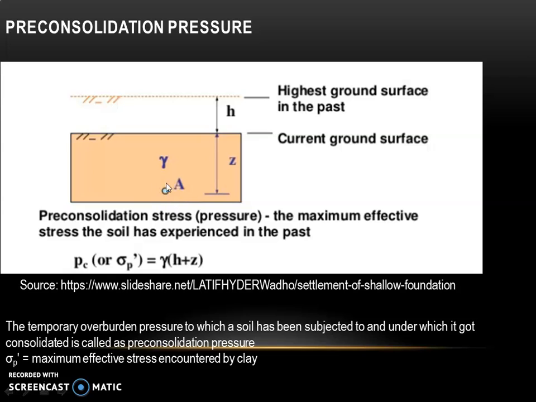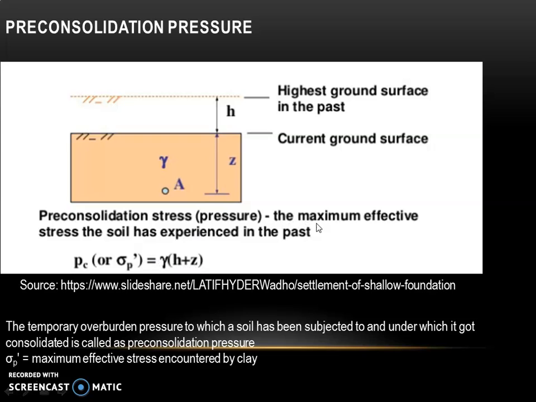If you want to find pre-consolidation stress at point A, we need to multiply unit weight of the soil, that is gamma, to the total depth, that is H plus Z. So sigma P dash, that is pre-consolidation stress, will be equal to gamma into H plus Z.